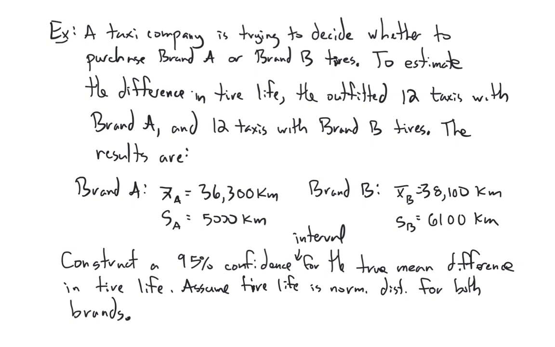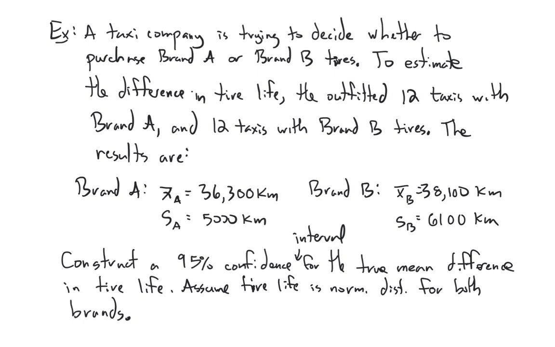So, given this, I think it's a good idea now to pause the video, go to your sampling distribution flowchart, and determine what the sampling distribution for this setup is. And if possible, calculate the standard error as well.